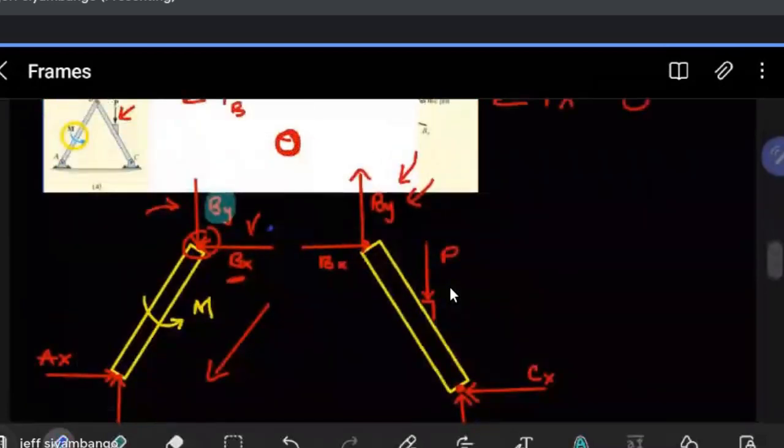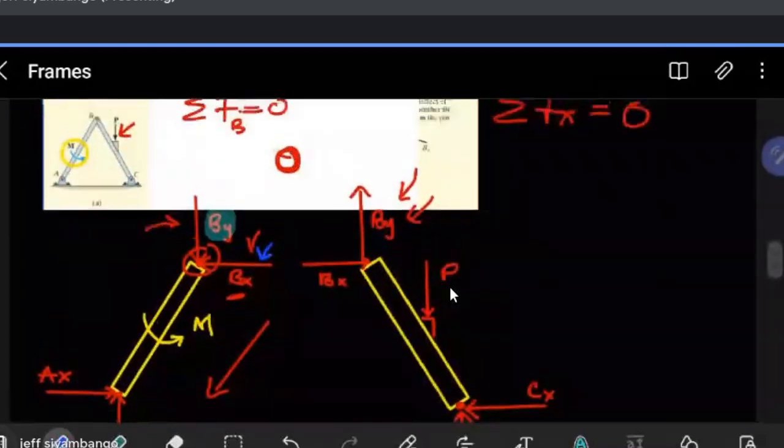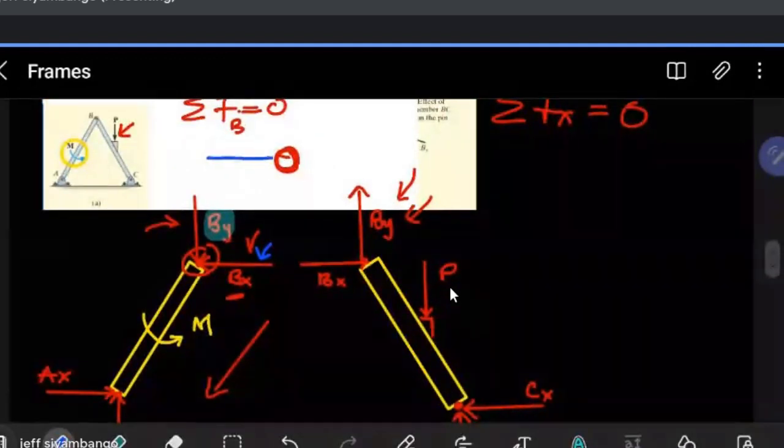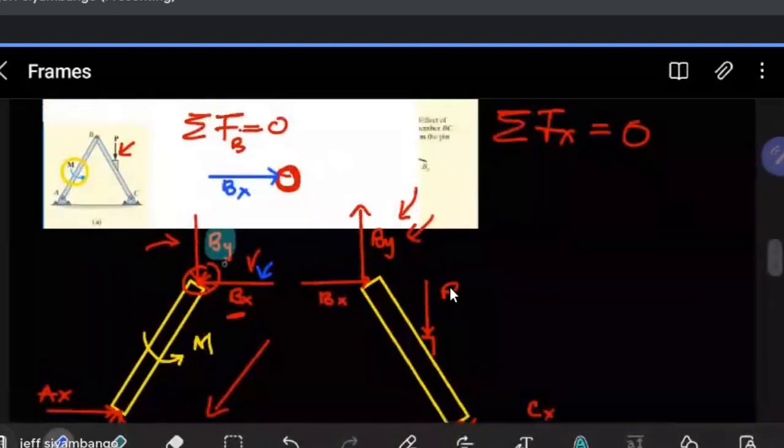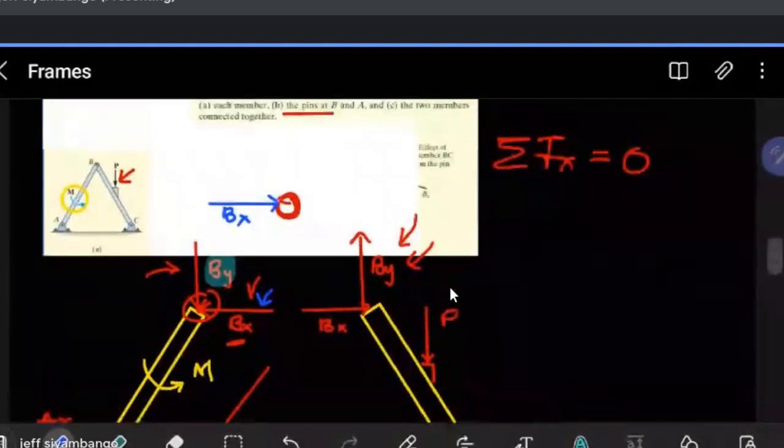The one to the left now has to be to the right, BX. This is how the pin will feel that force. And the one going down on the member will now be going up on the pin. This is if you are looking at the pin.